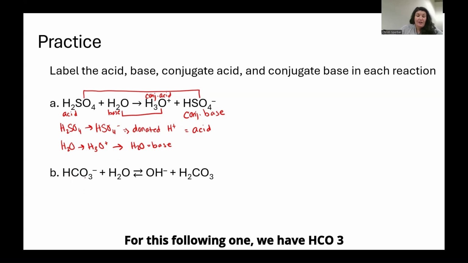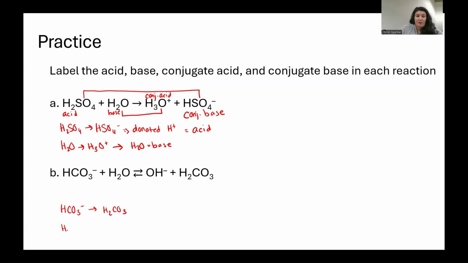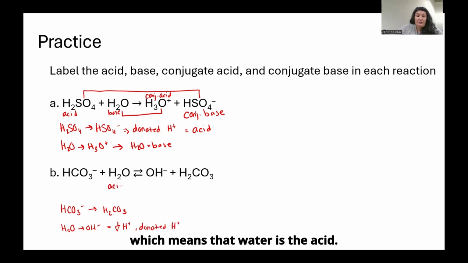For this following one, we have HCO3 minus plus water goes to OH minus and H2CO3. So we have HCO3 minus goes to H2CO3, and H2O goes to OH minus. We see that HCO3 minus adds a hydrogen when H2O loses a hydrogen, which means that water donated a hydrogen, so it decreased in hydrogen, which means that water is the acid.